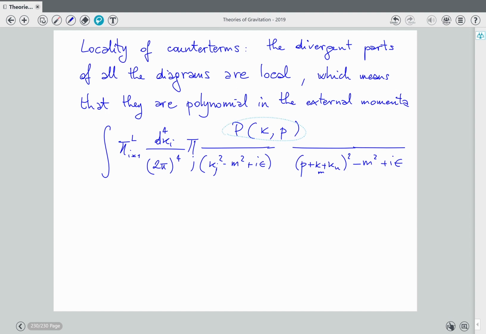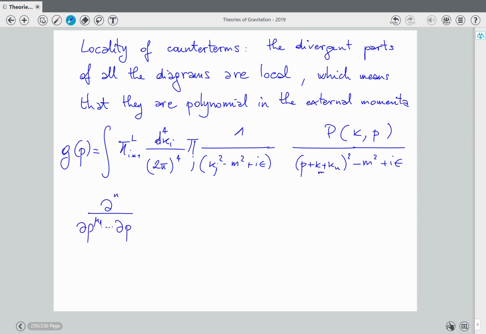You will have some denominators like that, and that is your function g of p, and it is clear that a sufficient number of derivatives will kill the divergent part, no matter what.